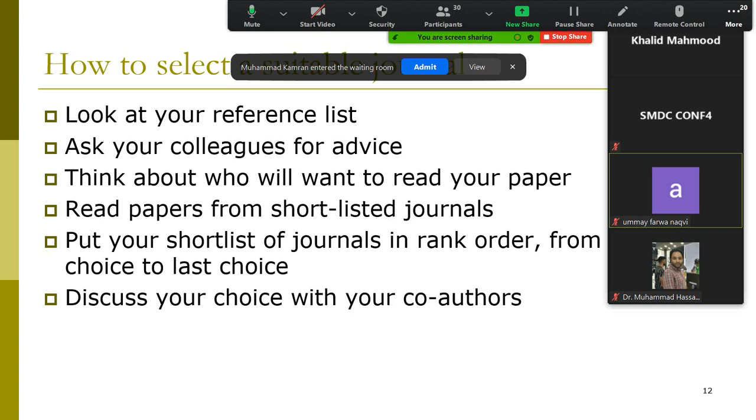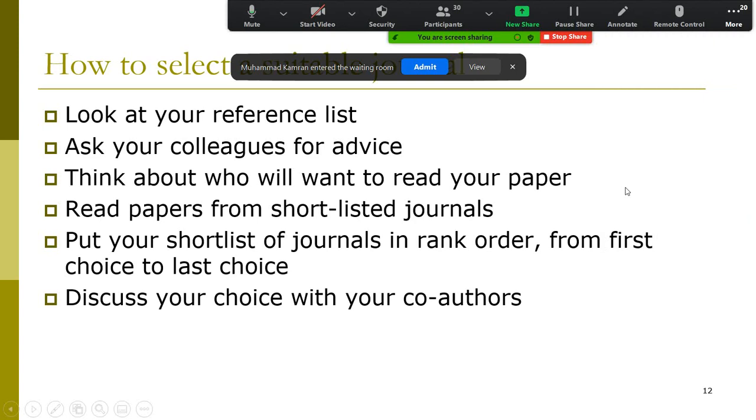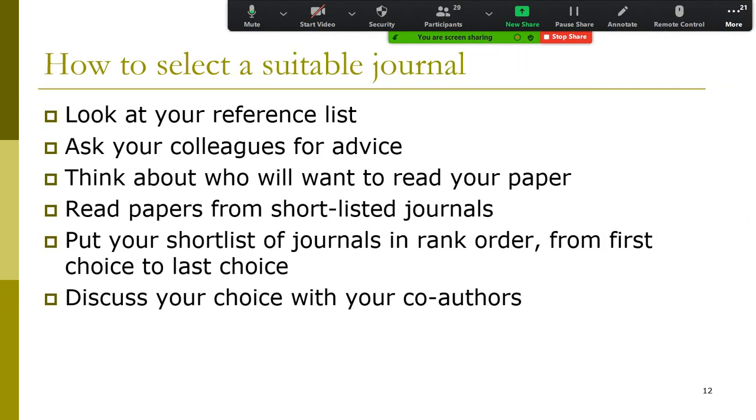Put your shortlist of journals in rank order, from the best or highest choice to the last choice. In this case, you will find a priority list of journals for your use. First of all, you can send your paper to a journal with a good impact factor, and in case you are rejected, you can try another journal and then another.